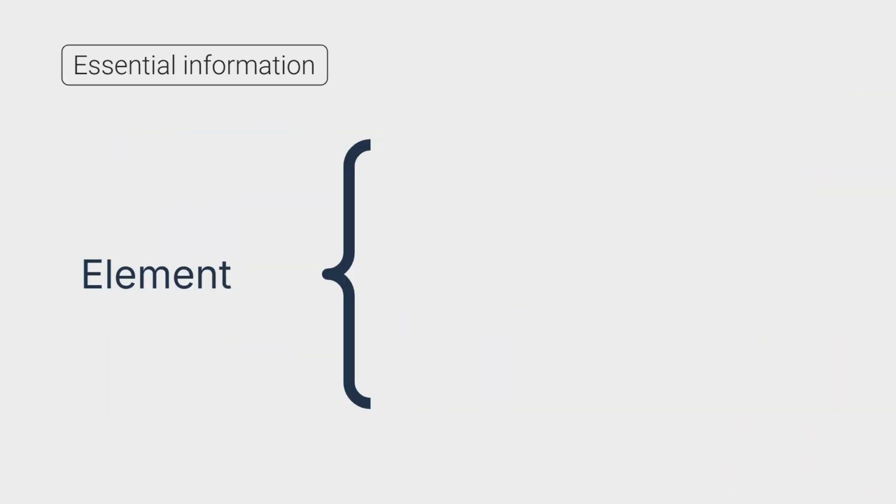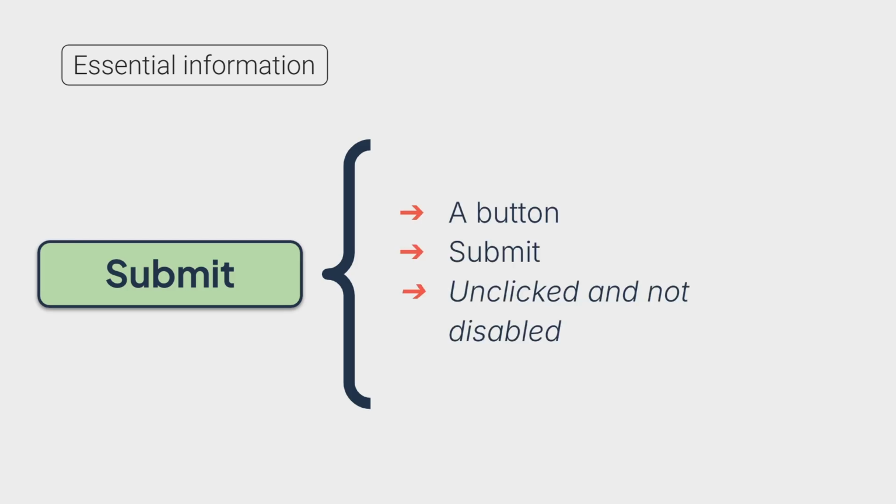What that looks like, there's some essential information that we need to provide about an element: what it is, what it's called, and what state it's currently in. What that might look like is a submit button. Well, we've got this thing, it's a button. It's called submit, and it's currently unclicked, and it's also not disabled.